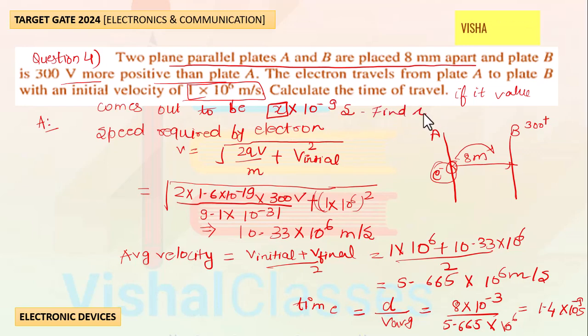Then what will you do? X is 1.4, and IIT may give its range as 1.2 to 1.5 something.